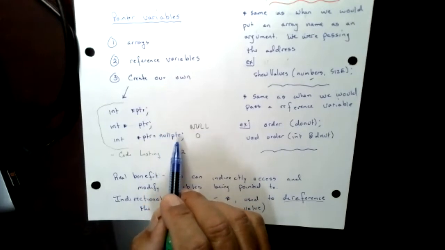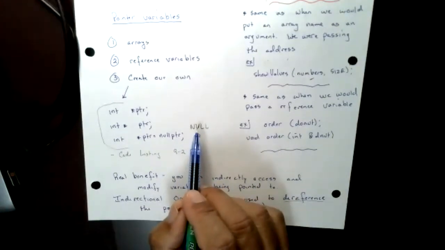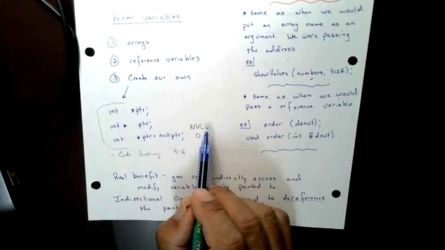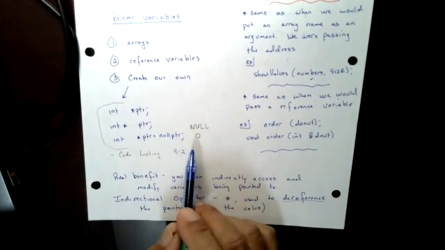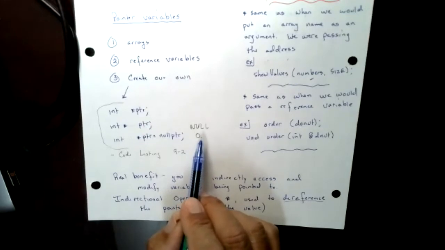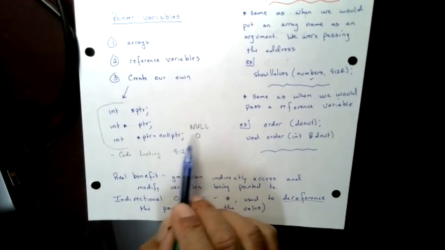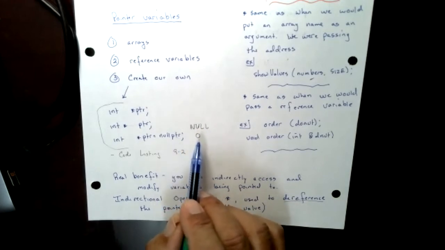Null pointer is what probably most of you have. Some of you may have to use NULL, capital N, U, L, L. A final option would be to use 0, because 0 is false, 0 is null, 0 is the null pointer. It all comes back to 0.